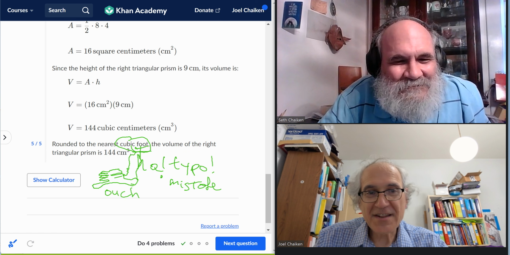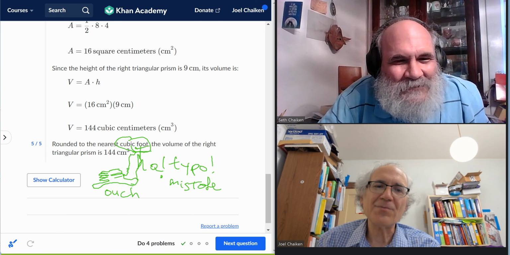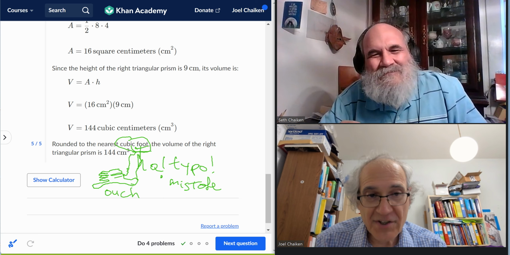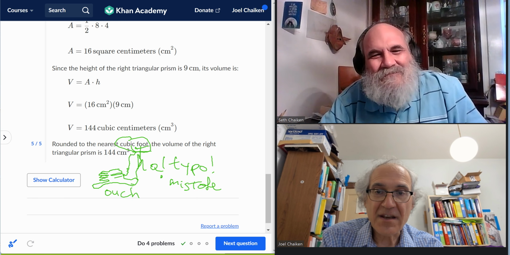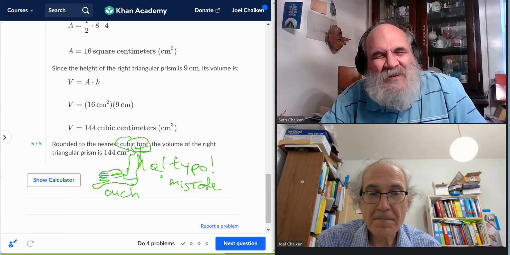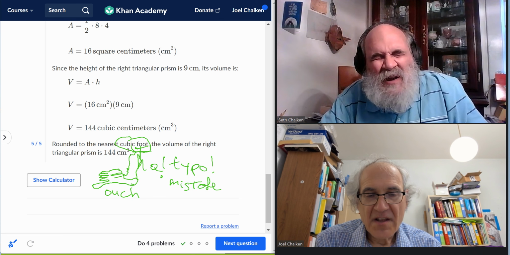Wow, good catch, Seth. In general, you always check the units. Sometimes they trick you with the units, but when they trick you with the units, they usually bold the unit to warn you that this is a trick of a unit. Here they didn't bold anything, and they didn't play any games, but be careful of that. This is in the explanation. We didn't notice any typo like that in the problem statement.